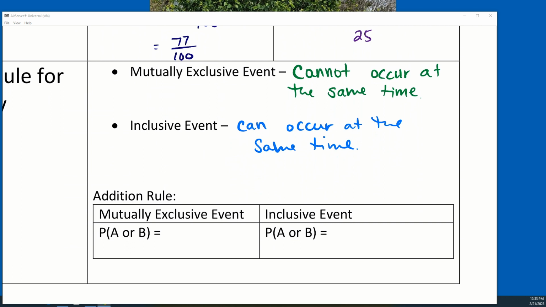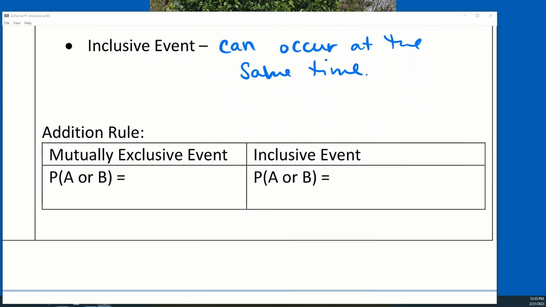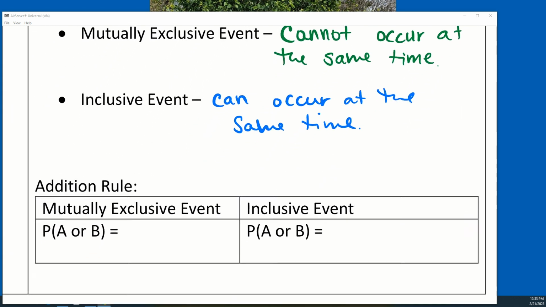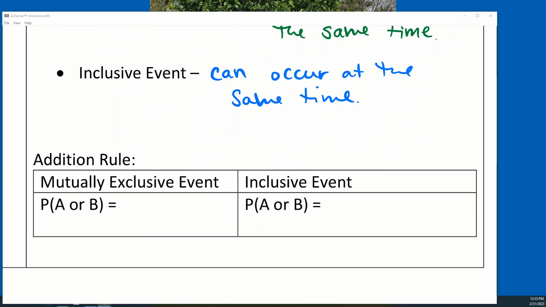So on both of these types, when it's or, you're going to add, but sometimes you also have to subtract. So if it's mutually exclusive, where they cannot occur at the same time, all you're going to do, if you want to find the probability of A or B, is just add the probabilities.